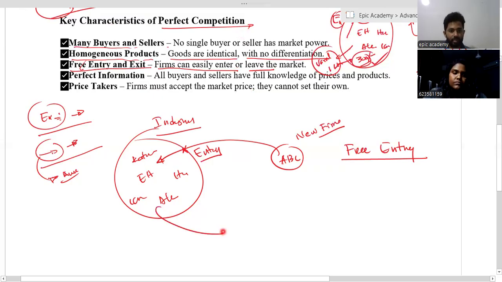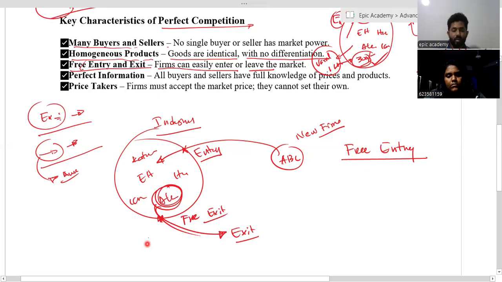If any firm, just take Alaris from the ice cream industry, tries to leave the industry, we call it exit. He's not going to produce ice cream anymore. He's going to produce other things. If Alaris can exit the entire industry without any hesitation, we call it free exit.